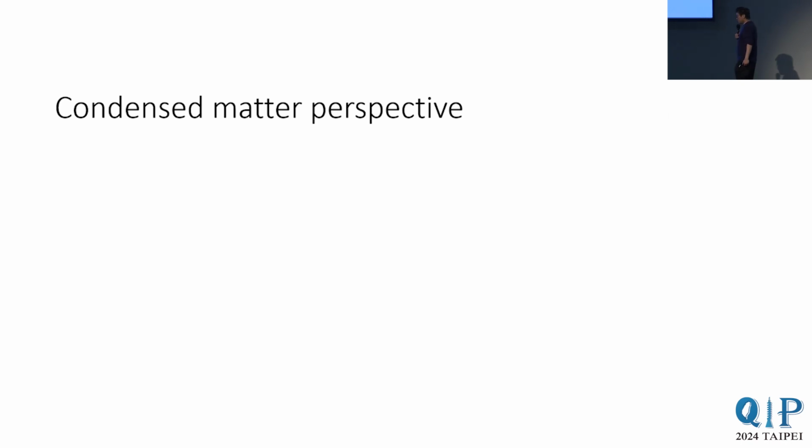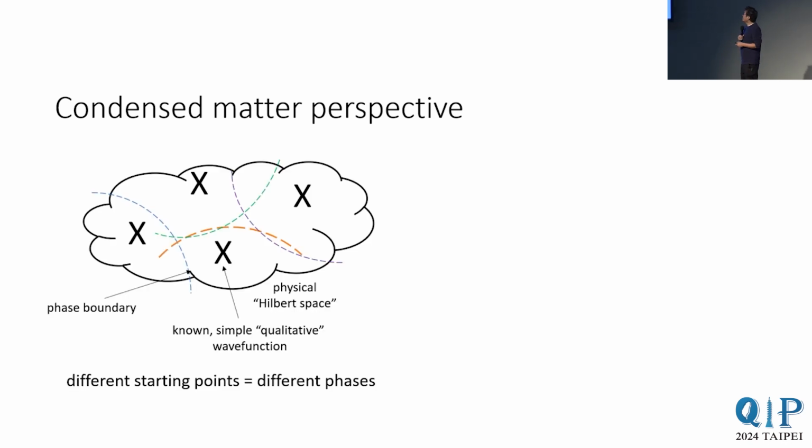Okay, so this type of thinking has a close analog if you think about more of a condensed matter perspective. So in condensed matter, you can think about ground states, or bulk systems, as being classified into different phases. So there are many different electronic phases that a system can be in.